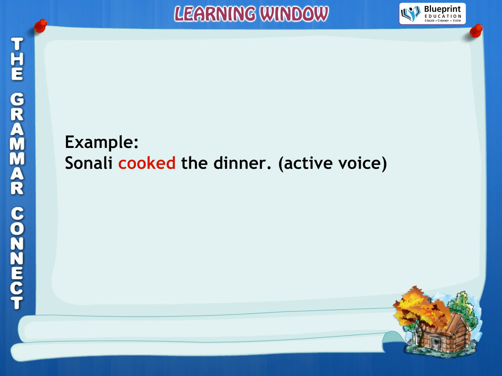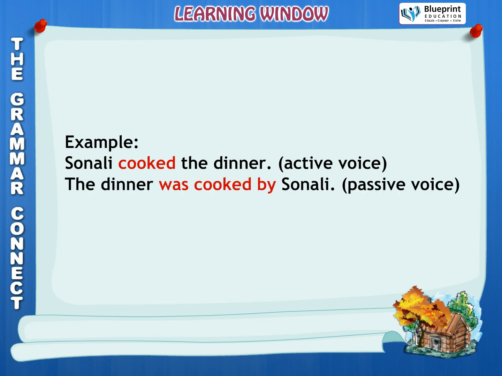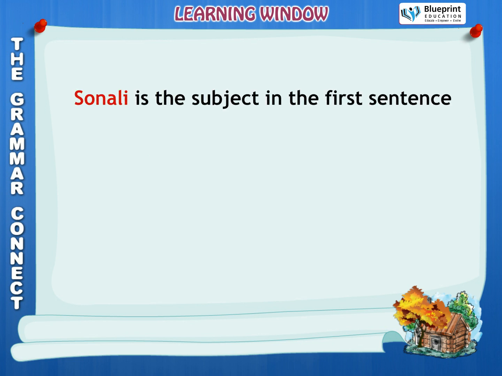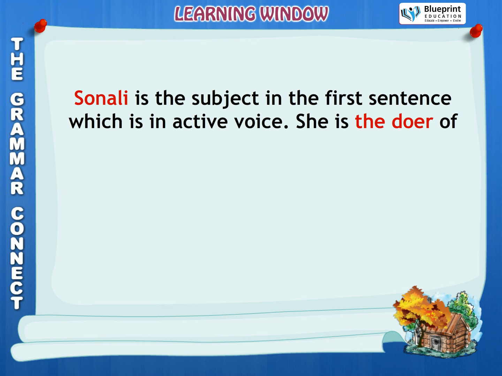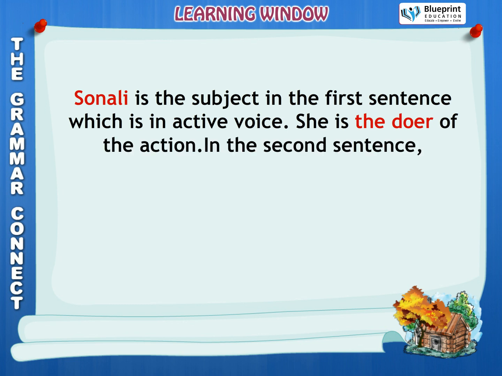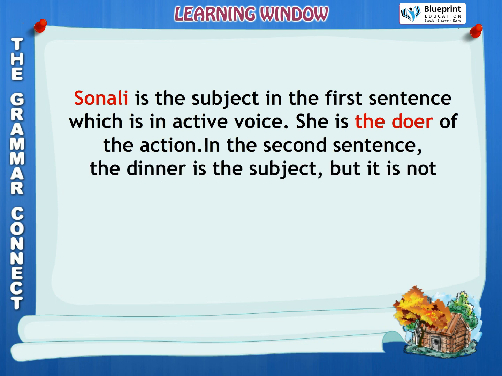Example, Sonali cooked the dinner. Active voice. The dinner was cooked by Sonali. Passive voice. Sonali is the subject in the first sentence, which is in active voice. She is the doer of the action. In the second sentence, the dinner is the subject, but it is not the doer of the action.